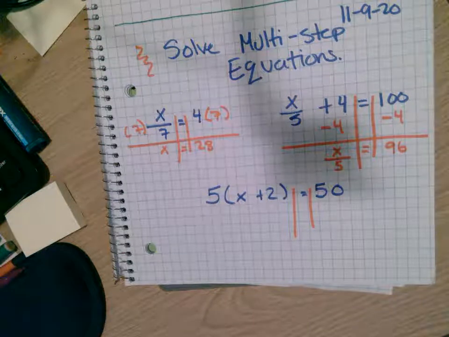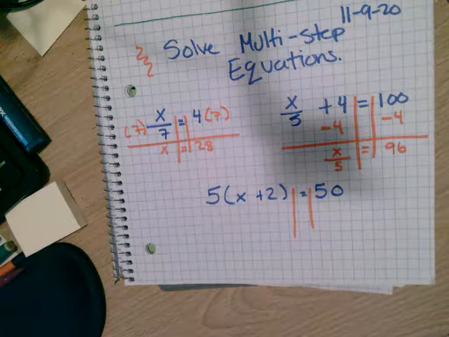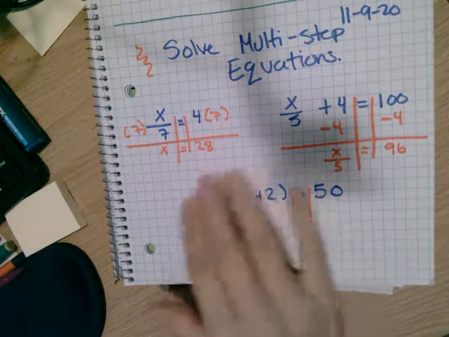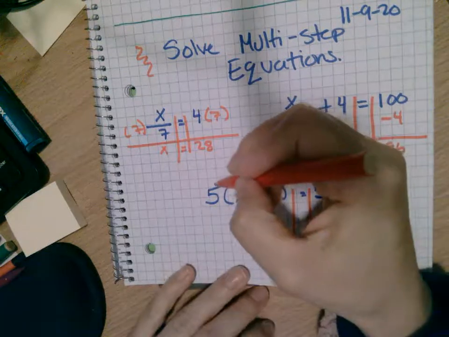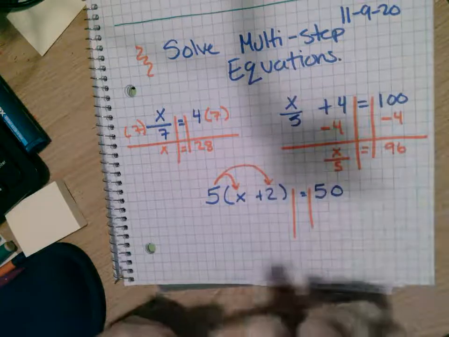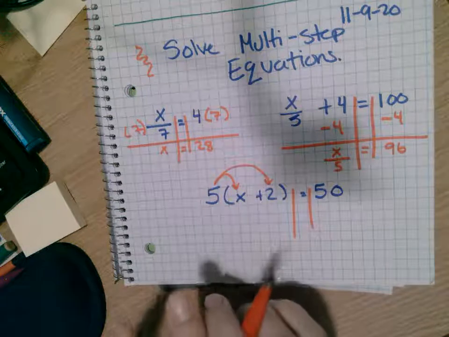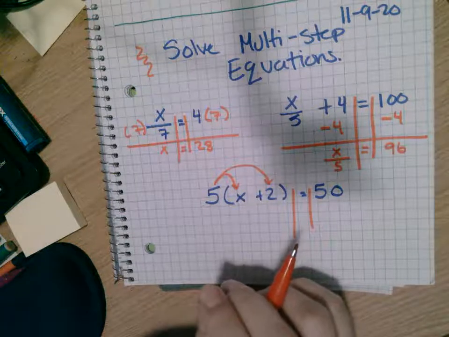Because you got these parentheses, again, your goal is to get x by itself. So I got to get rid of everything around it. But before I do that, I have to distribute the 5 to everything. So we're going to use the distributive property. So apply the distributive property first.